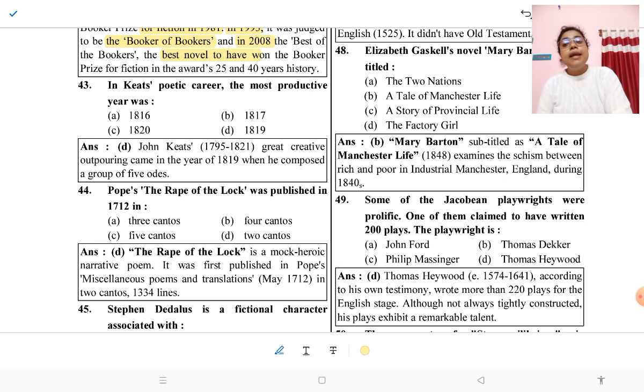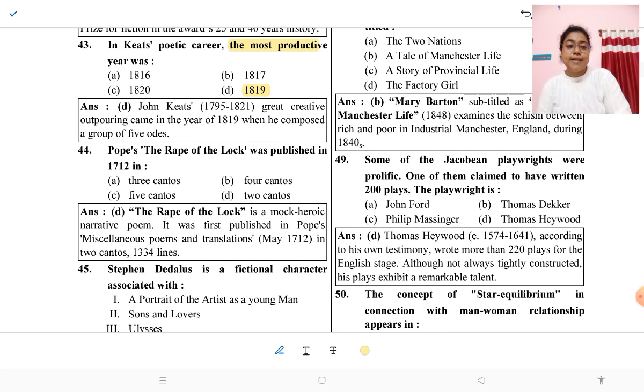Then in Keats's poetic career, the most productive year was 1819. John Keats was born in 1795 and died in 1821, and his great creative outpouring came in the year 1819 when he composed a group of five odes.